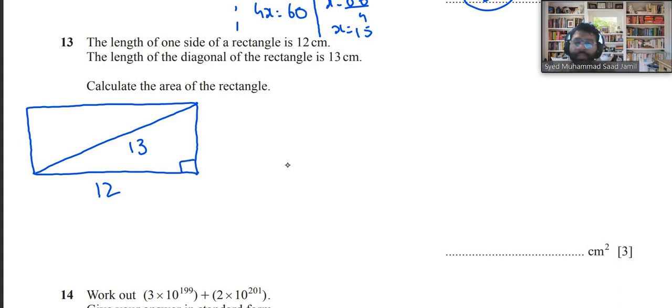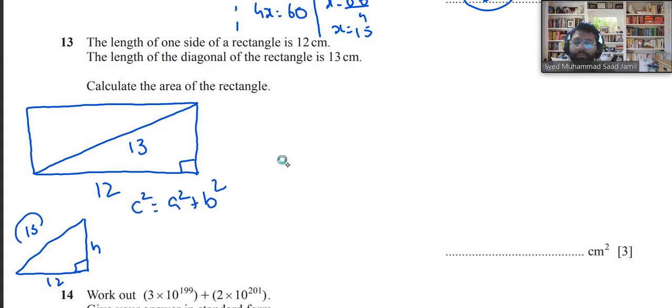So if you look at it, this becomes a 90-degree right angle triangle. Look, 12, 13, height. So this becomes c square is equal to a square plus b square. c square is 13, the longest side of the triangle.